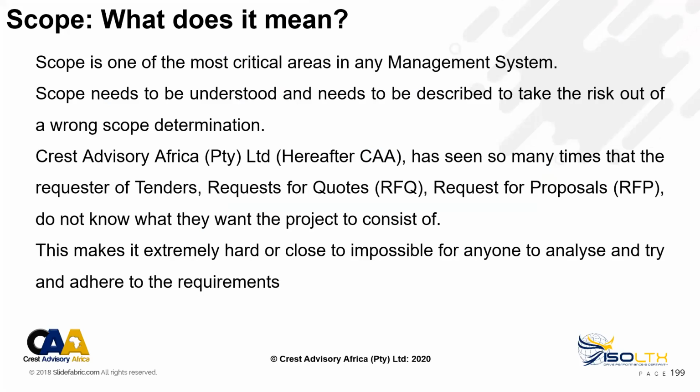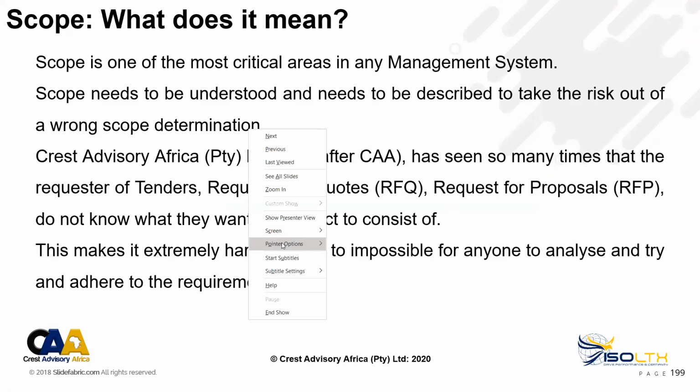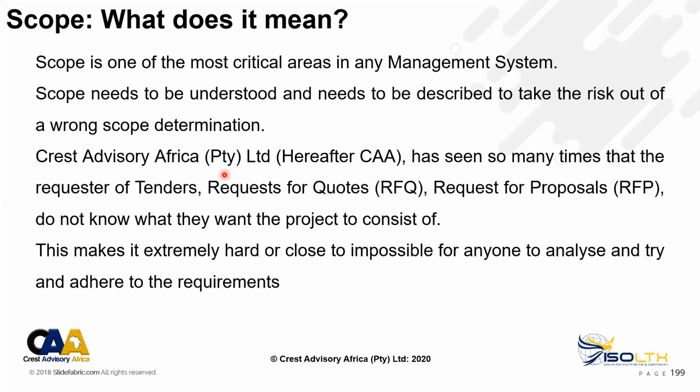And I just want to say that if you're looking at scope, even in your RFQs, in your tenders, in your requests for proposals, sometimes we get tenders and RFQs that are so badly written that we cannot even understand what people want. The question is, do they know what they want?